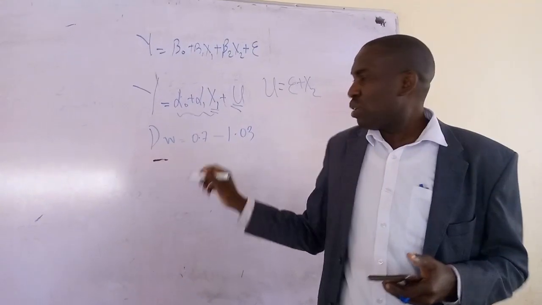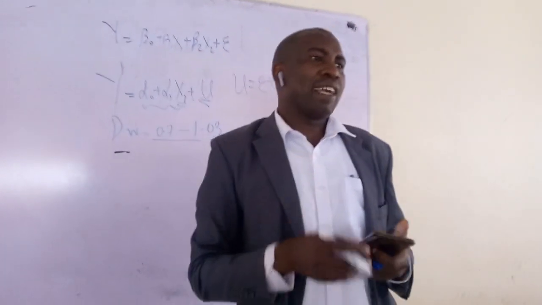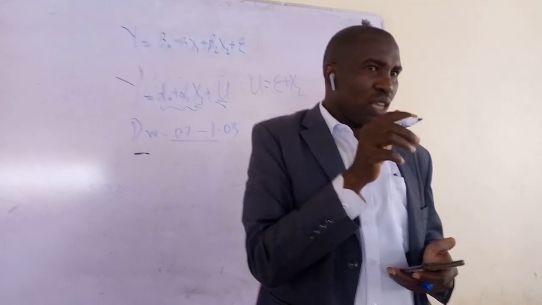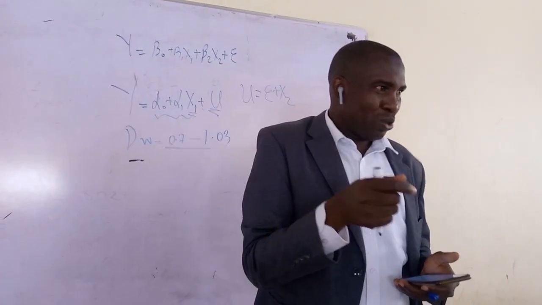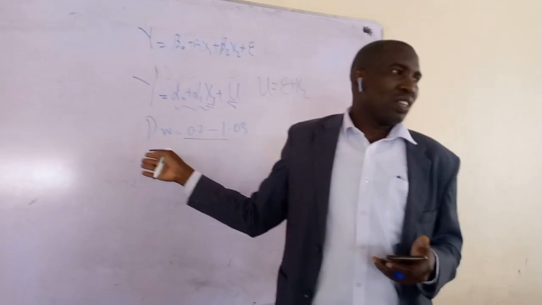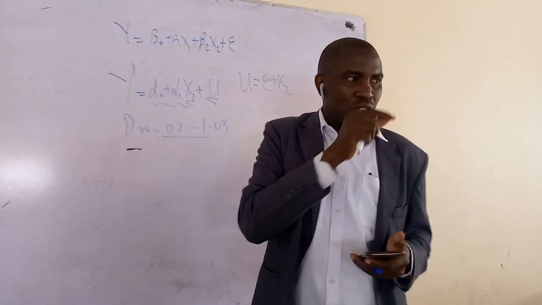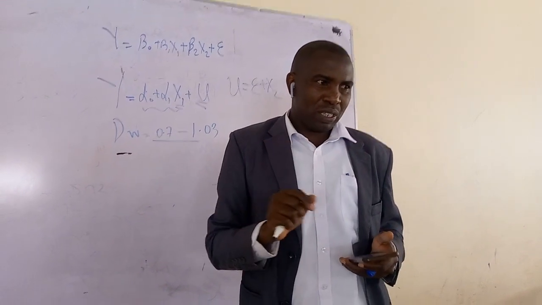So if you get this, it could also be implying that your model is misspecified. Because if you correct it and test for autocorrelation, you get that the DW is 2. What does that mean? It means no autocorrelation.